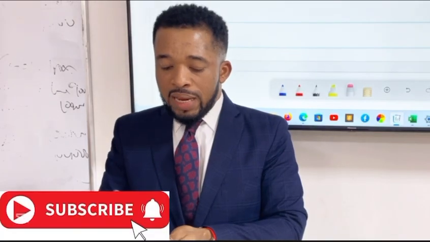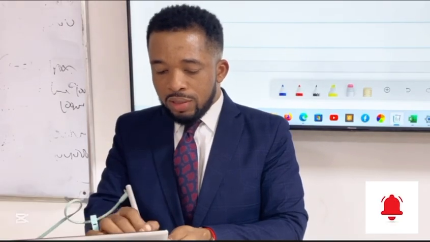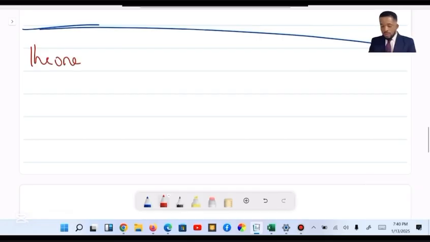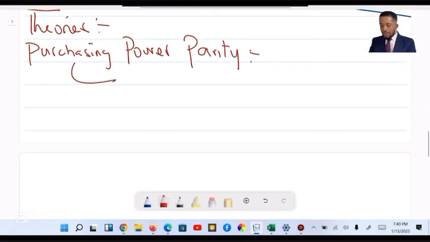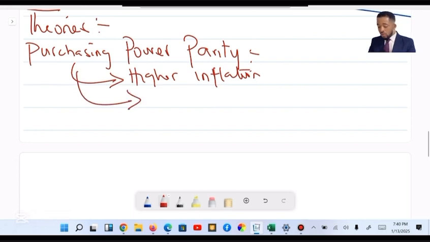All right, we said there are two theories. The first theory is the purchasing power parity. Purchasing power parity, we are simply saying higher inflation rate would definitely lead to depreciation of that country's currency.